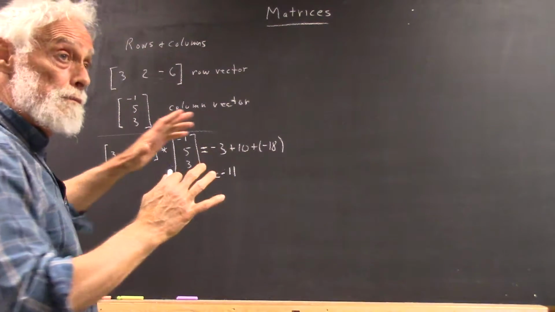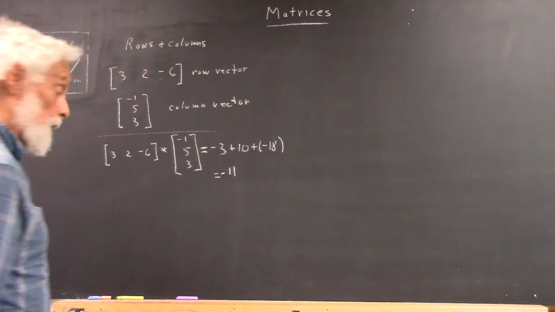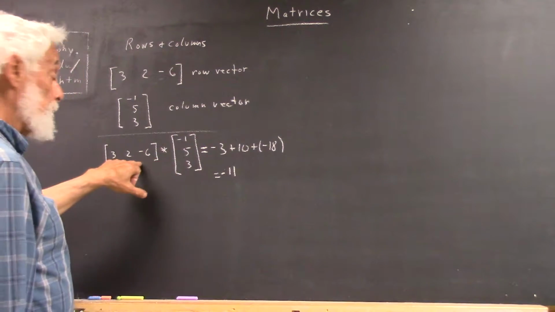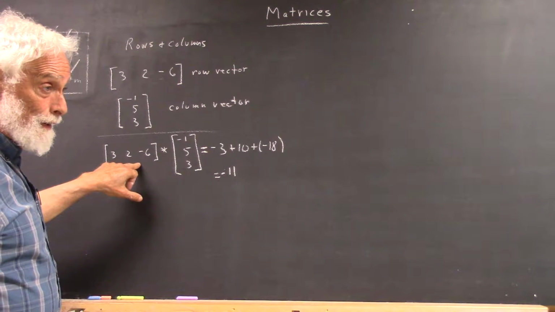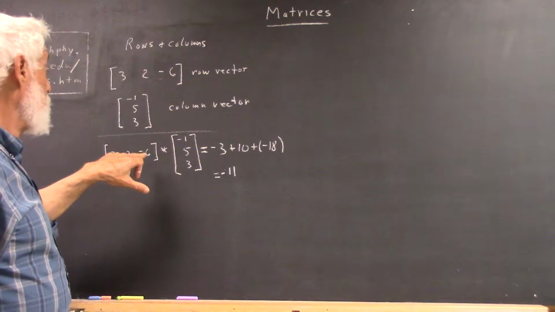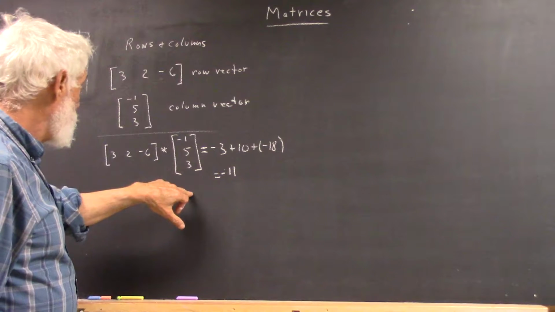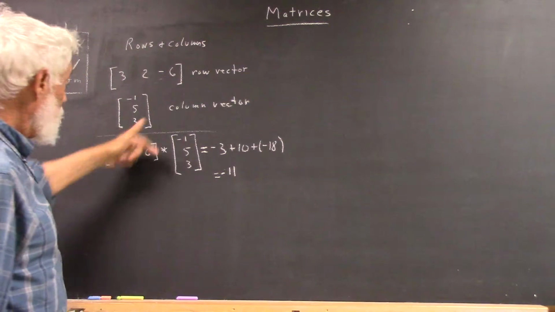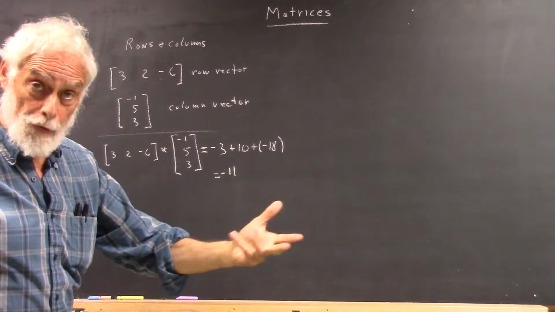Now the only restriction on multiplying a row by a column is you have to have a number in the column to match every number in the row. Okay, and every number in the column has to be matched by a number in the row, which means that the row and the column have to have the same length.